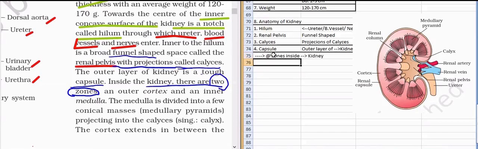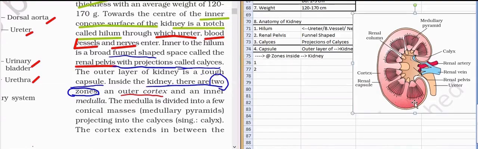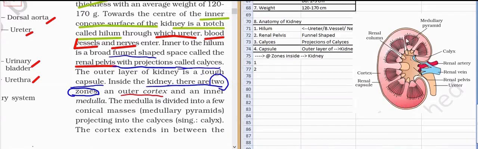What are they? Number 1 and number 2. The first one is the cortex. If you see, this pale pink is the outer cortex. And the inner part is called the medulla. These are the two things.